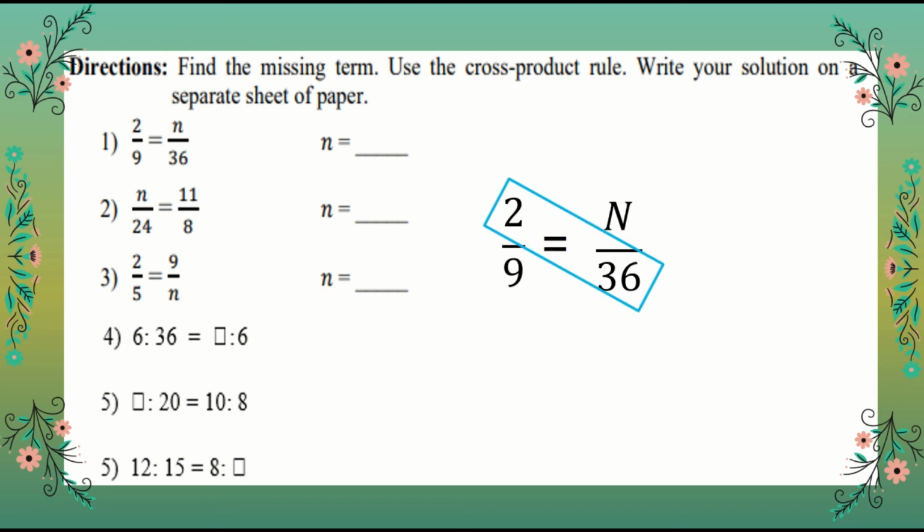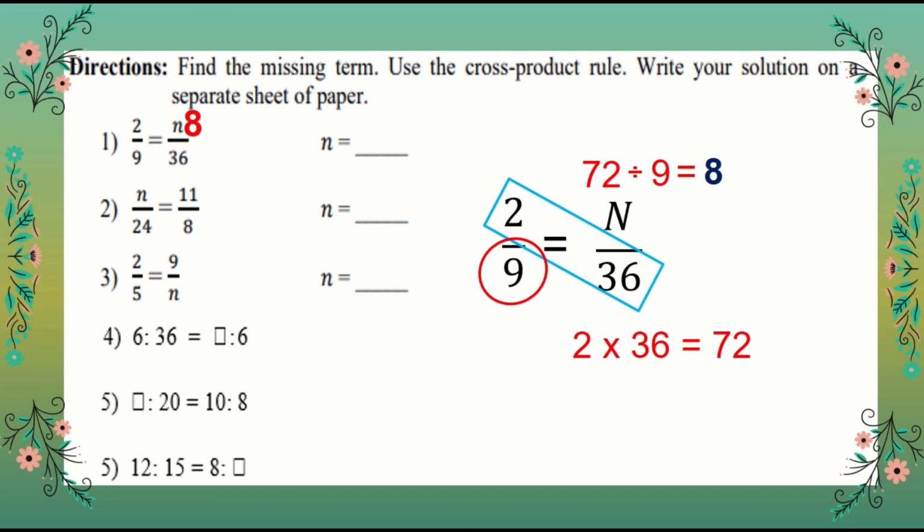So, cross multiply 2 times 36, we have 72. Since ito yung walang kapartner, 72 divided by 9. The answer is 8. So it means letter n is equal to 8. So lahat na yan, ganyan yung gagawin.